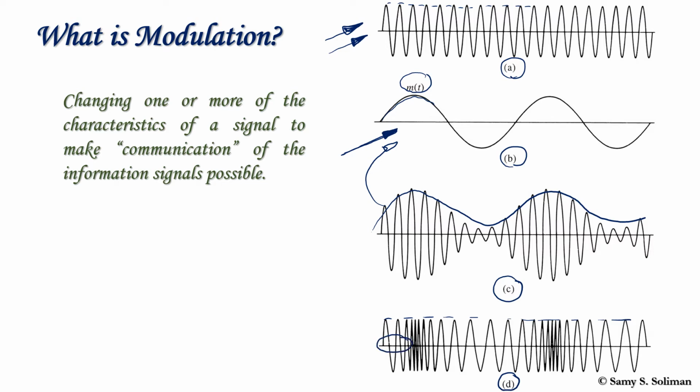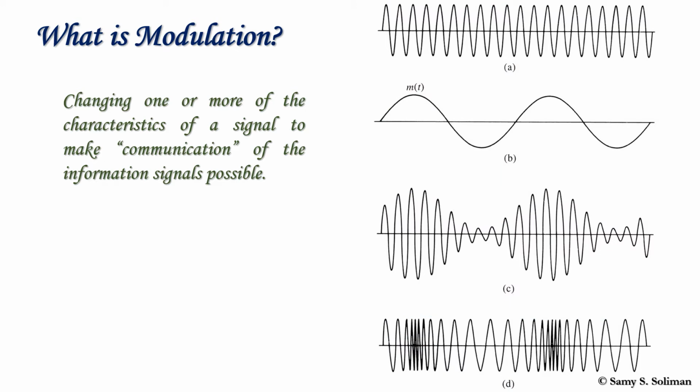We can see here that we have relatively low frequency, while in the next part we have relatively higher frequency. So the frequency of the carrier signal is changing in accordance with the information signal m of t, and again the purpose is to make the transfer of the information signal m of t more possible.